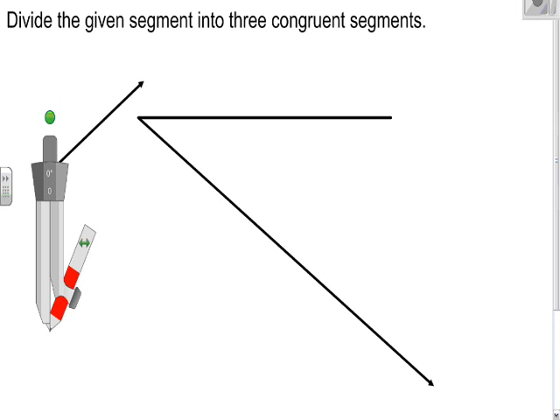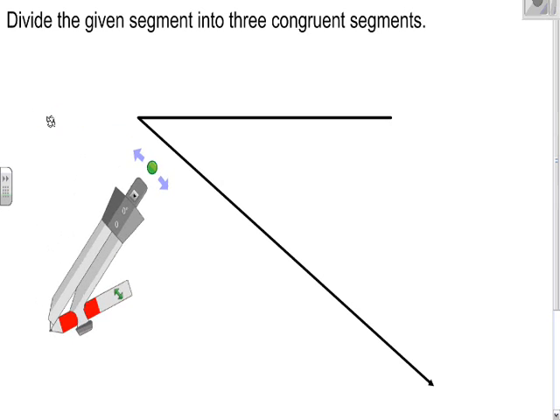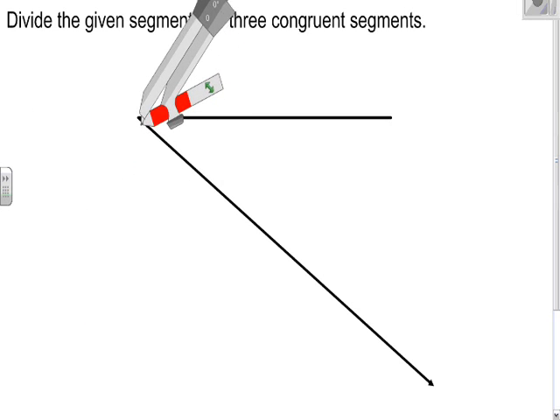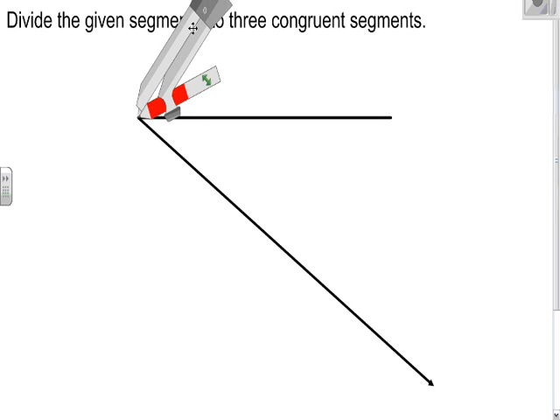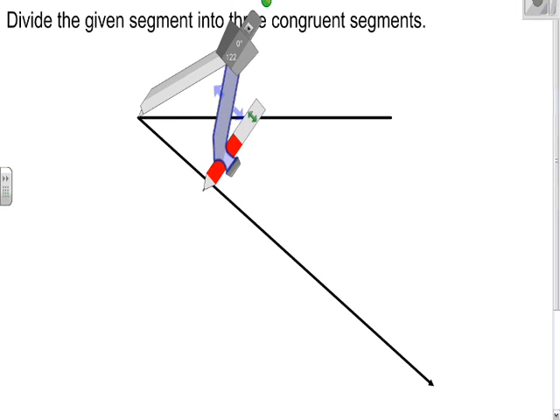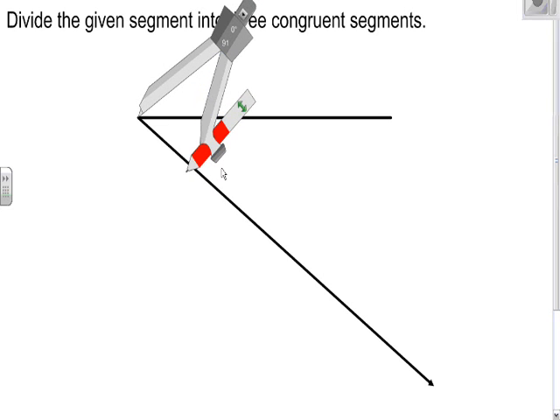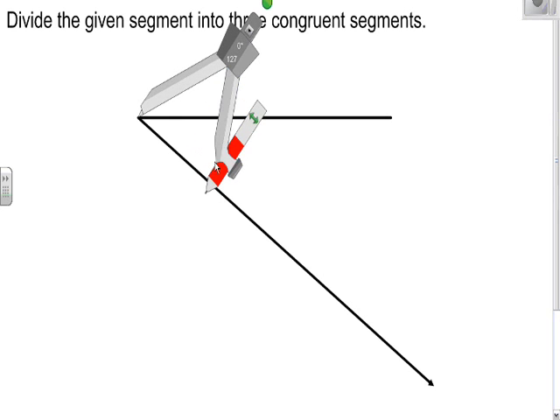Then along that ray we just drew, we're going to mark out a certain distance as many times as we are supposed to divide the segment. So we're going to divide it into 3, so I'm going to mark out 3 segments of this length.